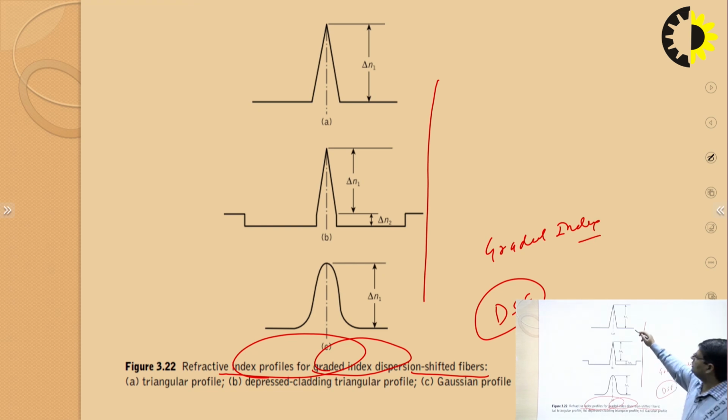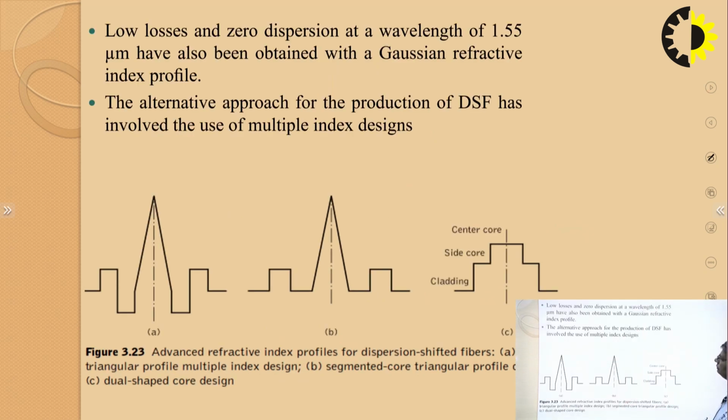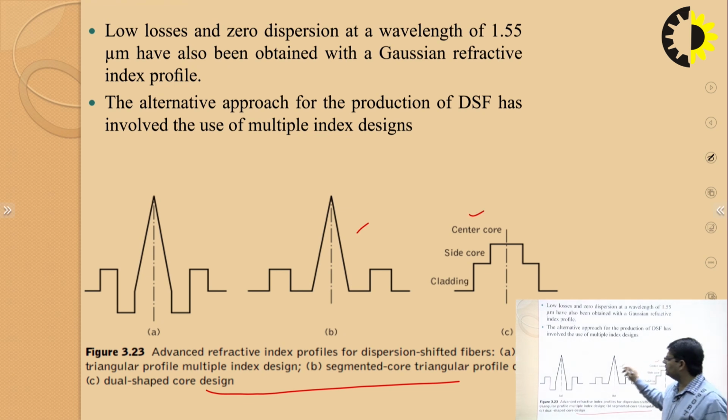So these three are examples of index profiles that can be used with the graded index fiber for obtaining the dispersion shifted fiber. These are some more examples. These are the profile index designs that can be used for obtaining dispersion shifted fibers.